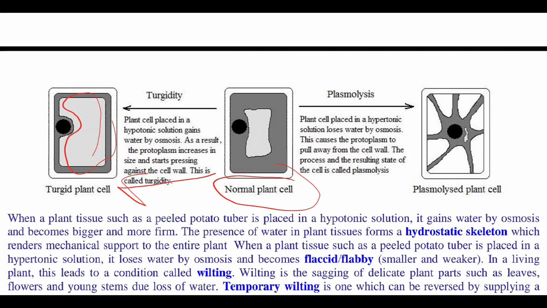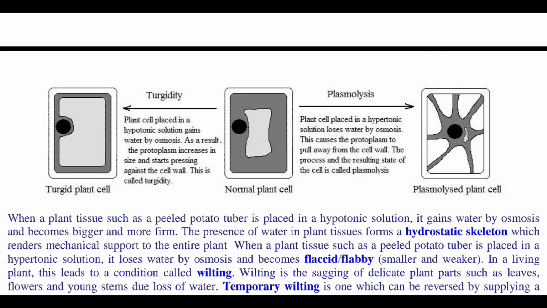Okay? Then when it is placed in hypertonic solution, plasmolysis takes place. The protoplasm loses water, and this causes the protoplasm to pull away from what? From the cell wall. Okay?